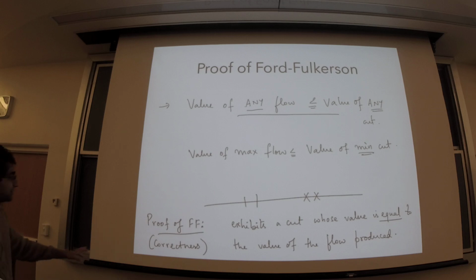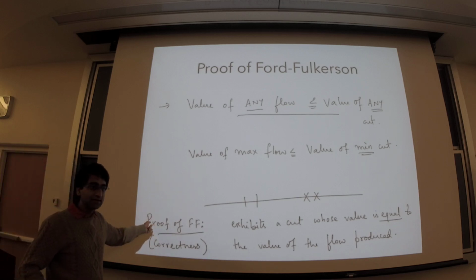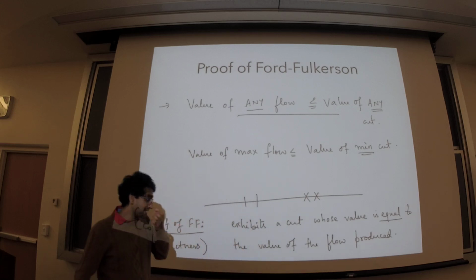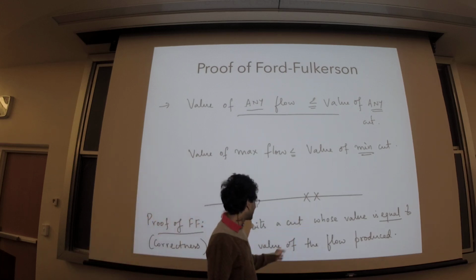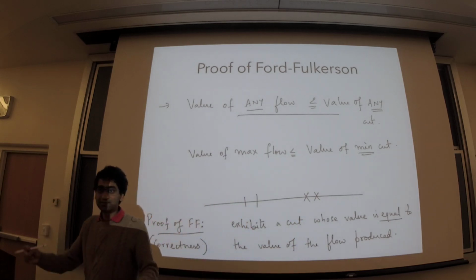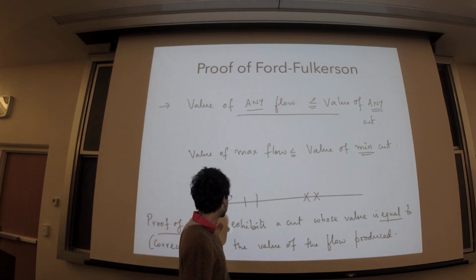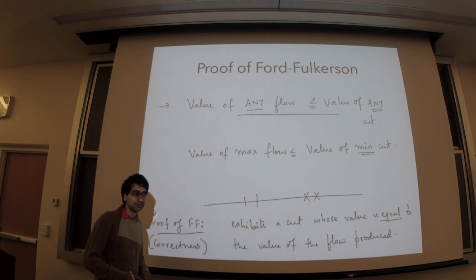Okay. So as part of the algorithm, it also gives you a cut, and the cut has value equal to the value of the flow that it produces. And this automatically implies that the flow is the optimum, is the best possible flow, is the maximum flow.